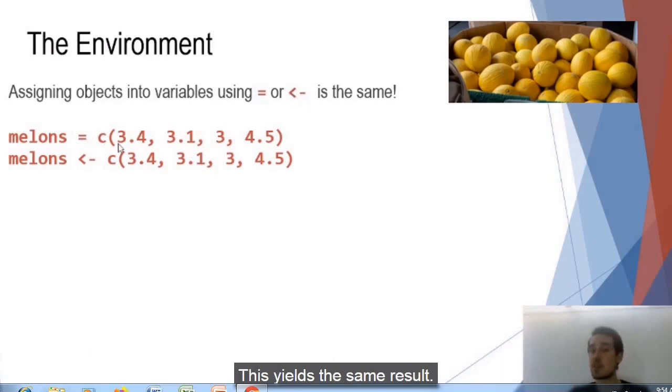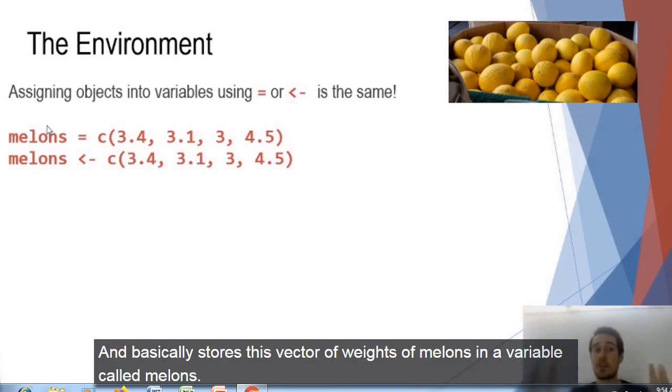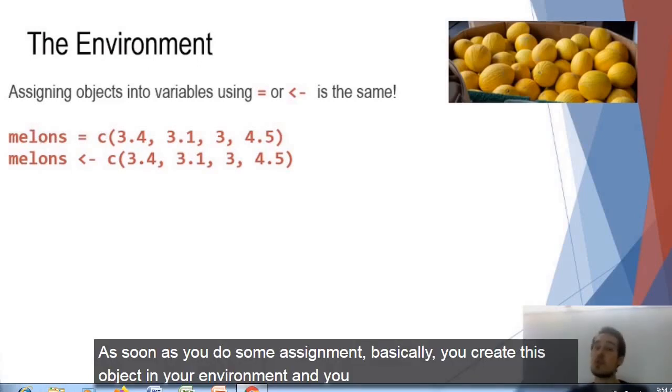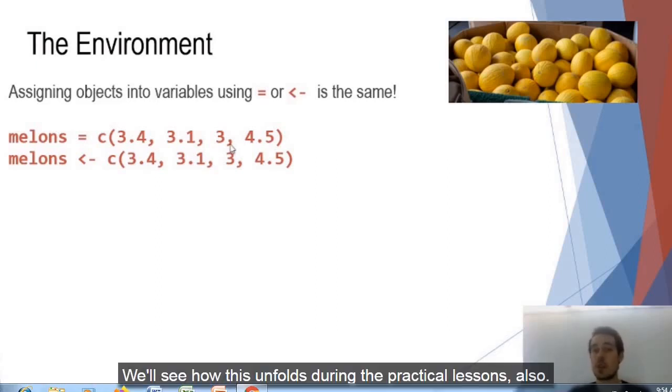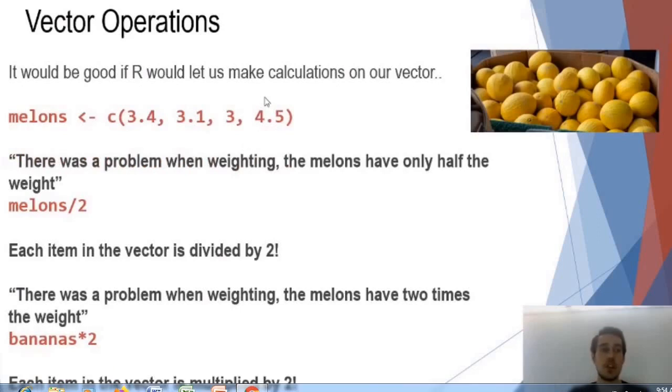This yields the same result and basically stores this vector of weights of melons in a variable called melons. As soon as you do some assignment, you create this object in your environment and you can call it later. We'll see how this unfolds during the practical lessons also.